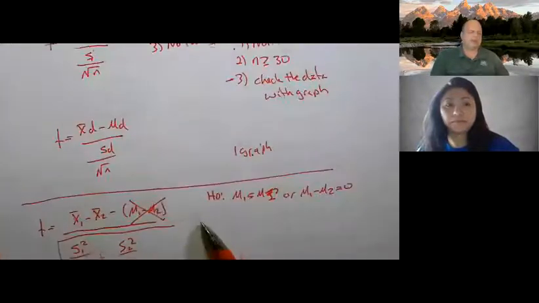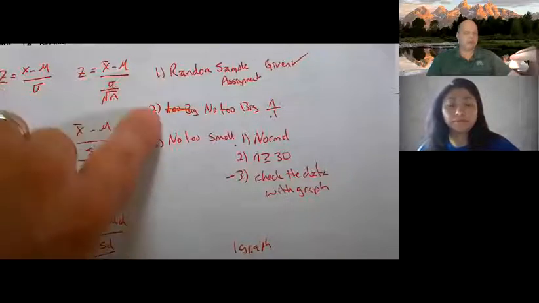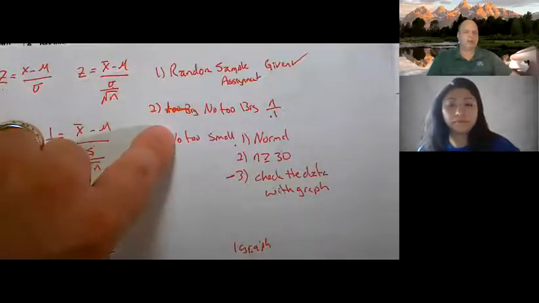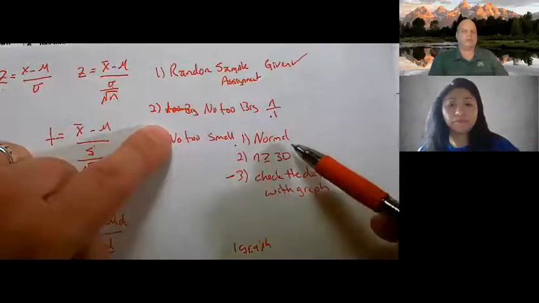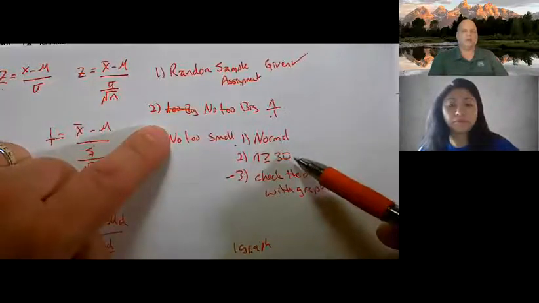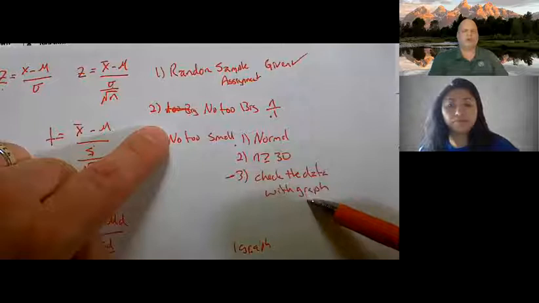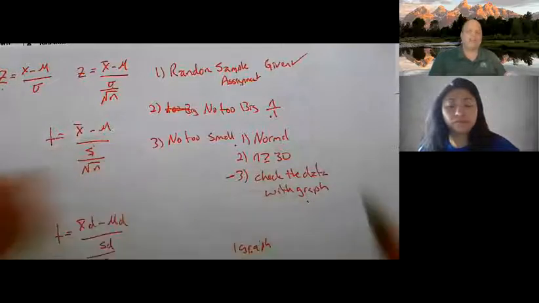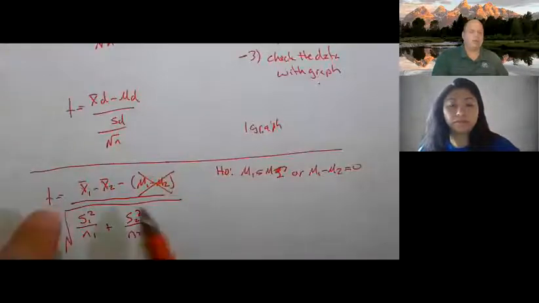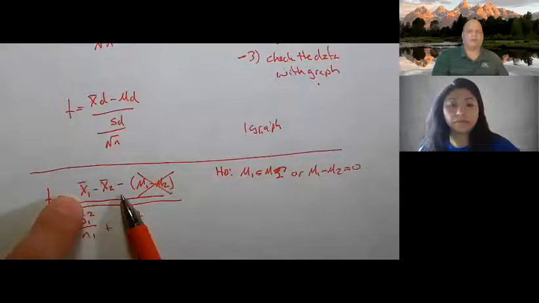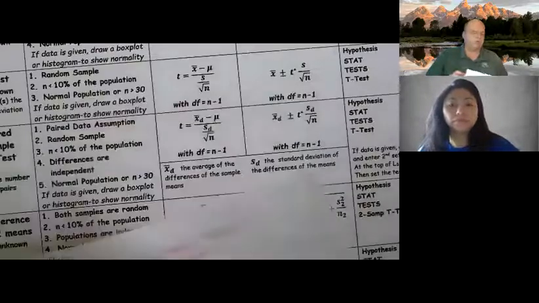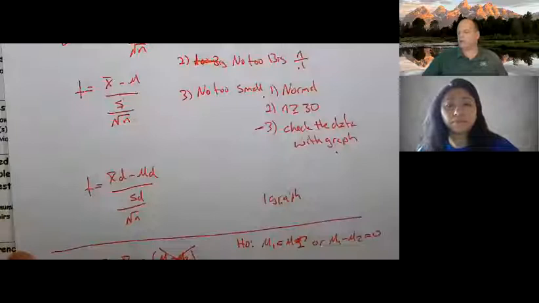Okay, so we got the conditions. Well, guess what? Random sample, not too big, not too small, and I need to have three ways to check it. Normal, n greater than 30, or check the data with the graph. Now, the thing is, I have to do it for both samples. So I have to do it twice, once for each sample.